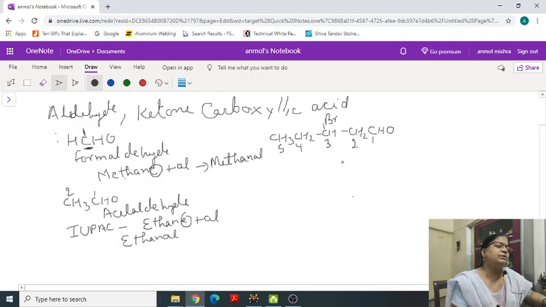So, 5 carbon. So, we will write down pentane, remove e and add -al. It will be pentanal, and at third position Br is present. So, 3-bromopentanal.